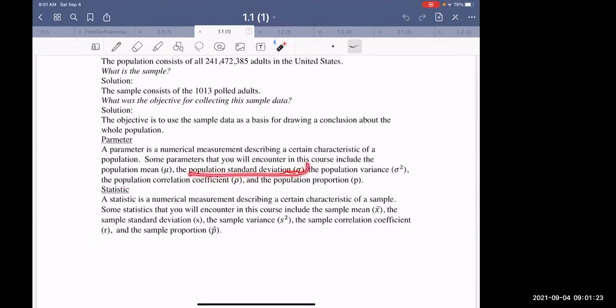The population standard deviation, sigma, the sample standard deviation S, the corresponding Greek letter of S is sigma. So if it's a parameter, it's a Greek letter. If it is a statistic, it is usually a lowercase letter, or maybe a symbol above a lowercase letter.